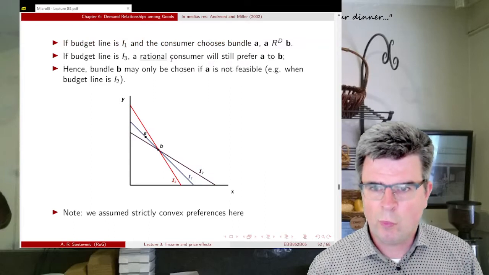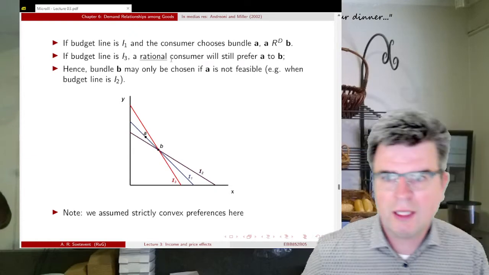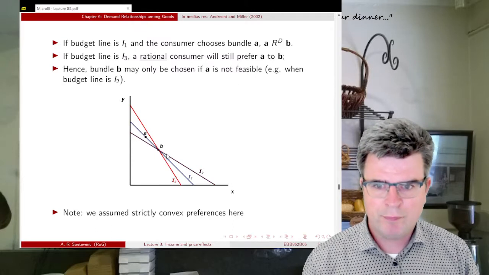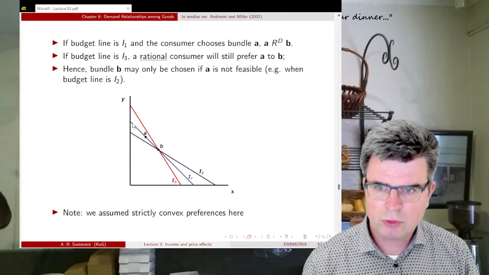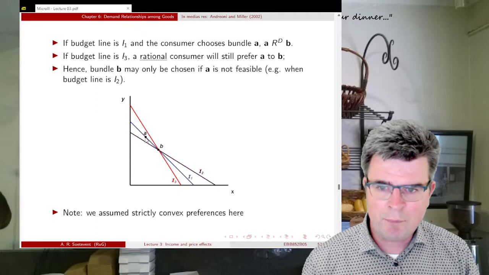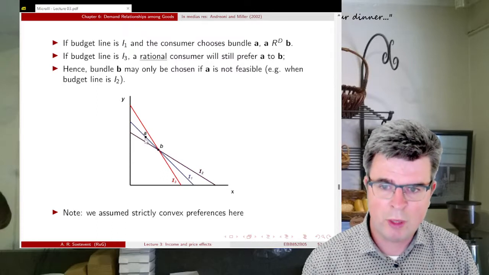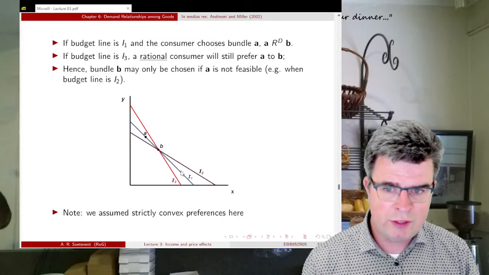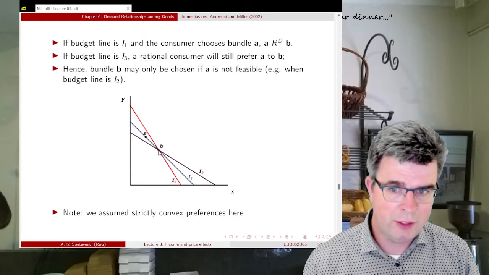So what we do here is that now we have a budget line, I1, and the consumer chooses bundle A. Given this budget line and given the prices of good X and good Y, he chooses bundle A. Given these prices, he could also have chosen bundle B, but he did not do so.